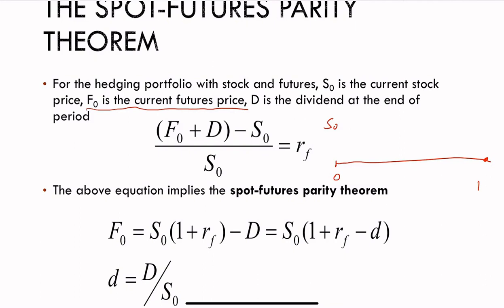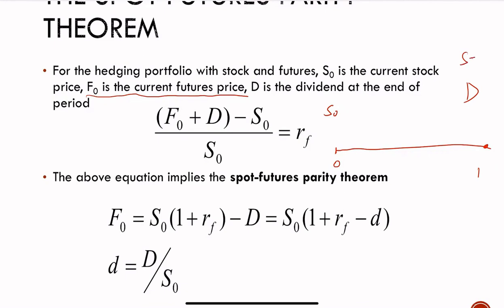So you can see that at the end of the period, the equity position will give you a payoff of D, because you will always get this dividend. And let's say on the final day, the stock price is ST. Now, what is your futures payoff?